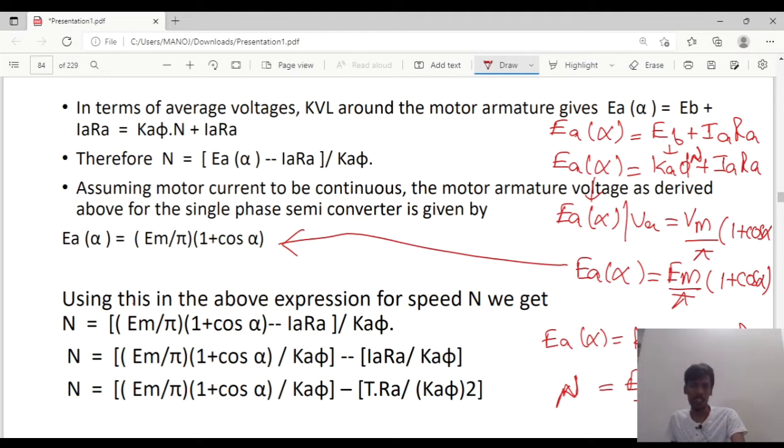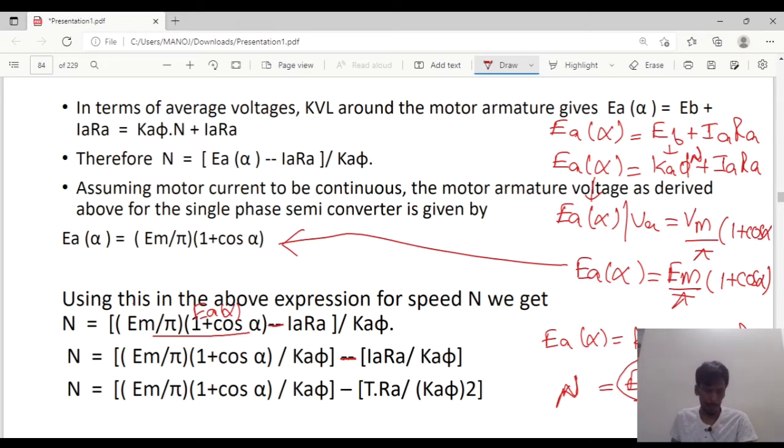In this speed equation, I want to substitute the EA value at an angle alpha. We have calculated the average value, Em by pi (1 plus cos alpha). If I substitute this, speed equals EA at an angle alpha minus IA RA by Ka pi, which becomes Em by pi (1 plus cos alpha) by Ka pi minus IA RA by Ka pi.